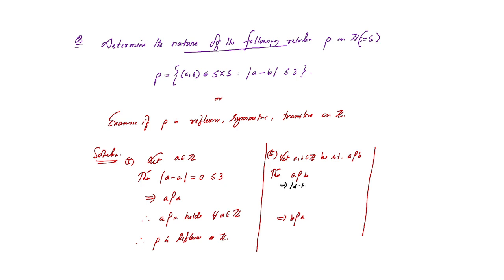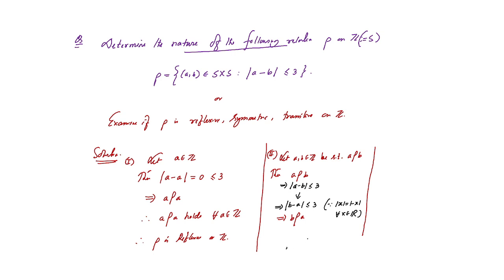That means the distance between A and B is less than or equal to 3. What is the meaning of B ρ A? That means the distance of B minus A is less than or equal to 3. And the modulus of A minus B must be equal to the modulus of B minus A, since mod of X equals mod of minus X for all X belonging to R, that we know. So obviously mod of A minus B is less than or equal to 3.